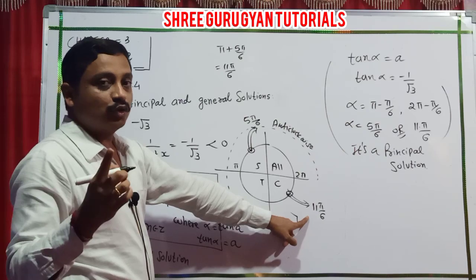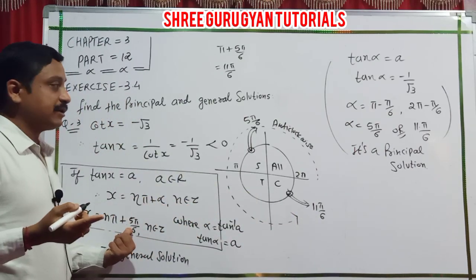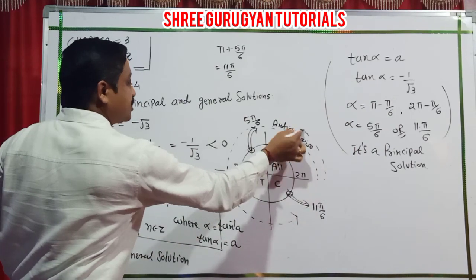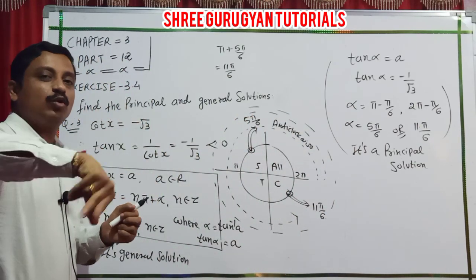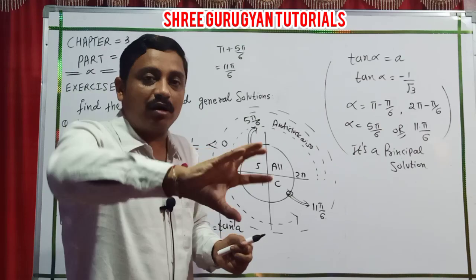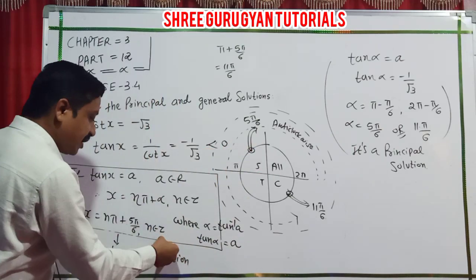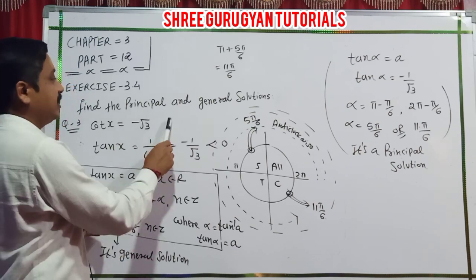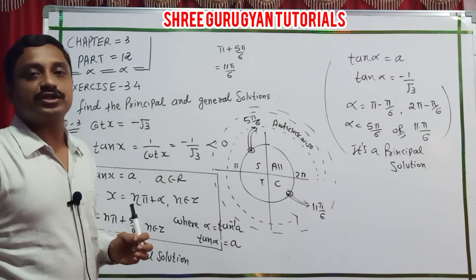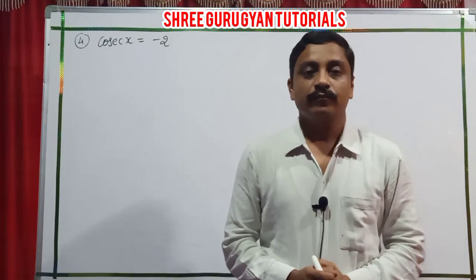If n is 2, then 2 pi plus 5 pi by 6, going into new rotations, 3 rotations, 4 rotations, they completely rotate. Clockwise rotation is also true by taking negative numbers -1, -2. And here, students, our third question is happily done.